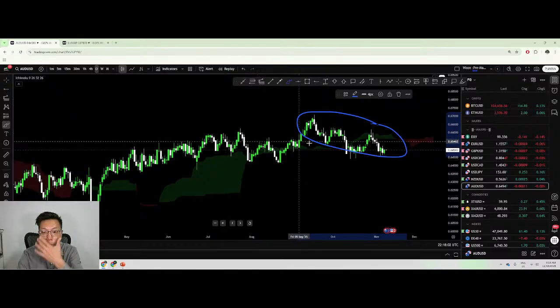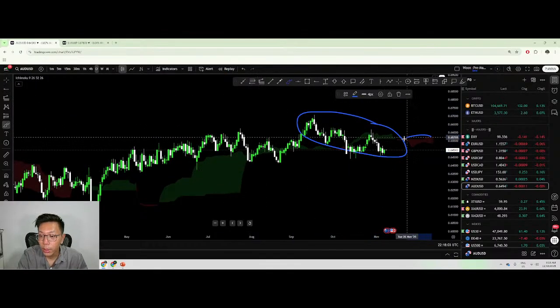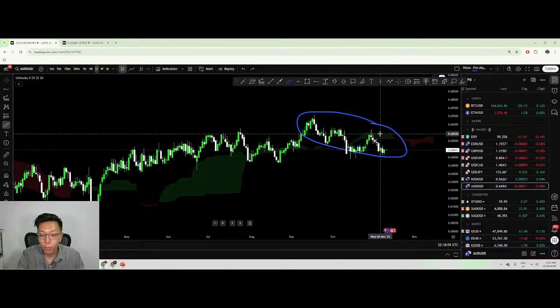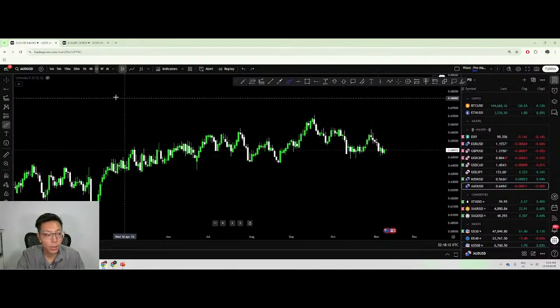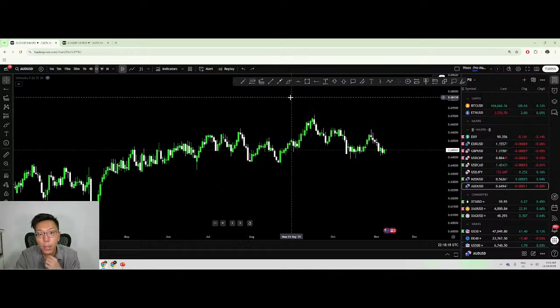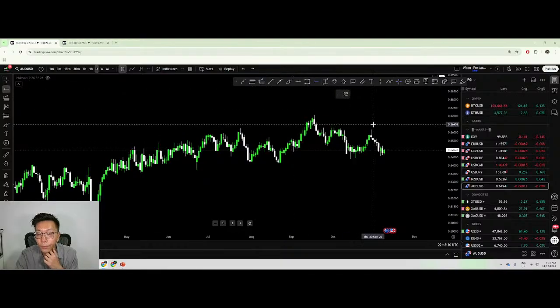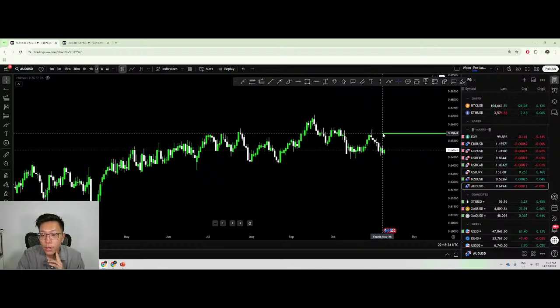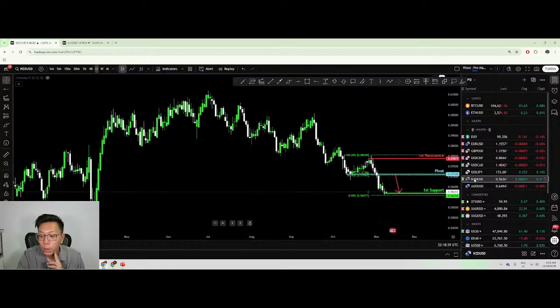You can see how price is creating bearish momentum here, and it is below the Ichimoku cloud. So what we want to look at is, of course, sells, whether there is any sell opportunity out there in the markets. This area, let me see.